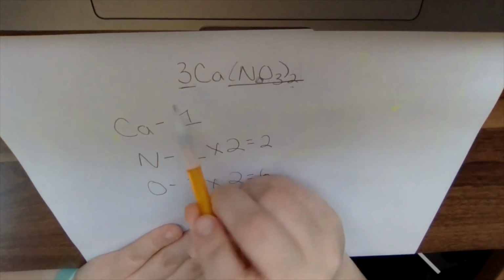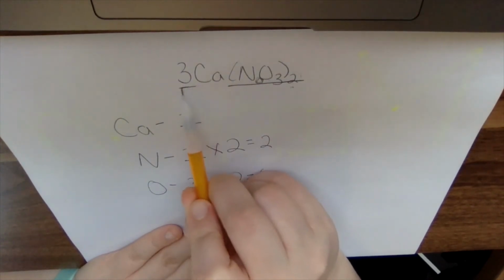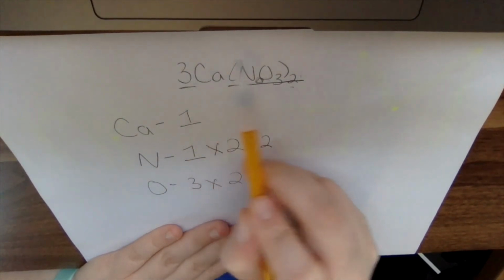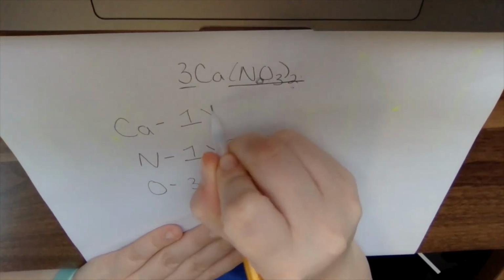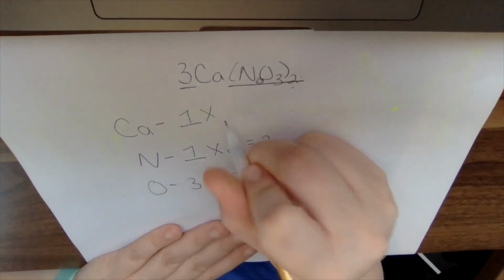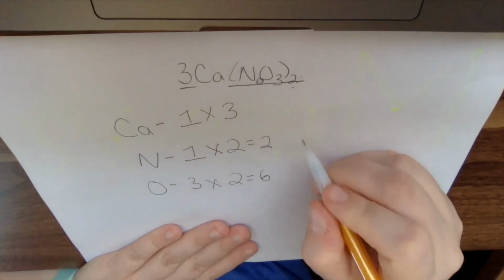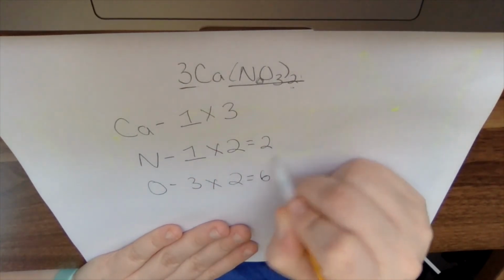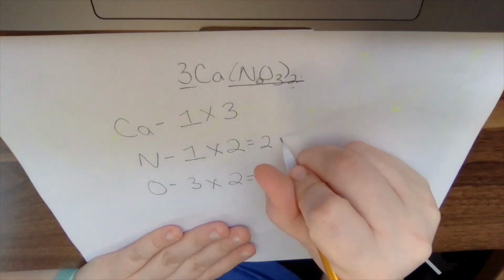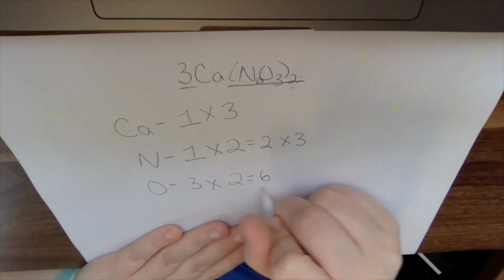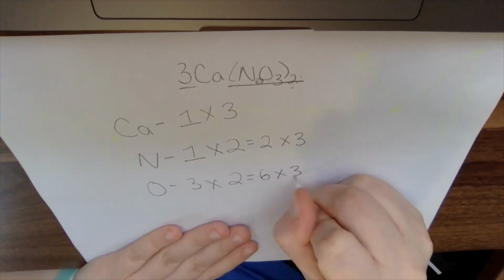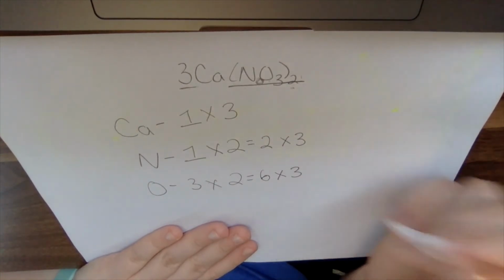So now let's do this coefficient. So remember, the coefficient is applied to everything in this formula. So we take this calcium multiplied by 3, this now new 2 for nitrogen, and we're also going to multiply that by 3, and then our 6 for our oxygen will also be multiplied by 3.